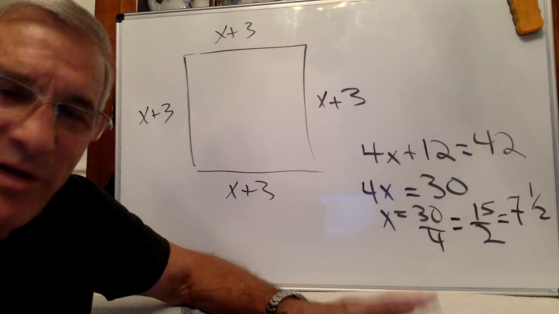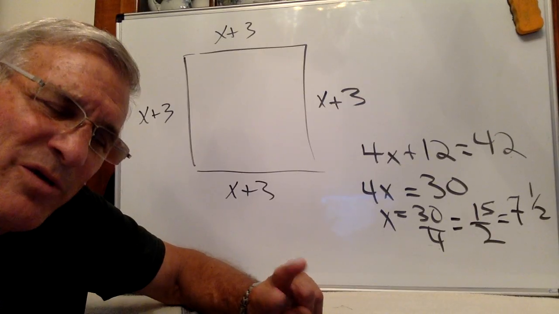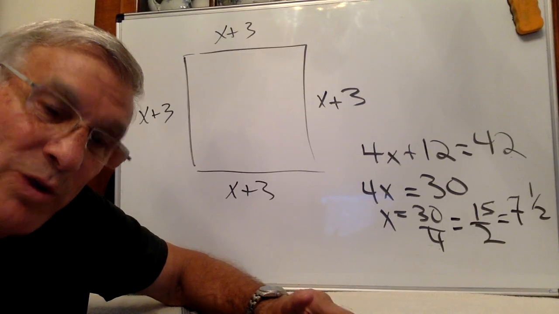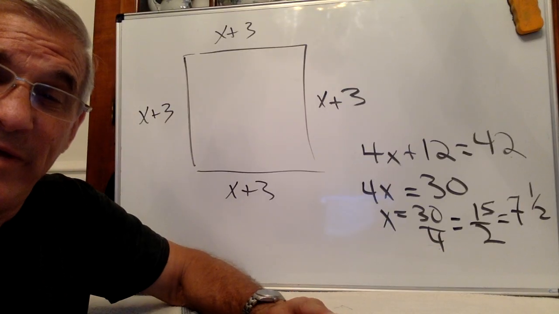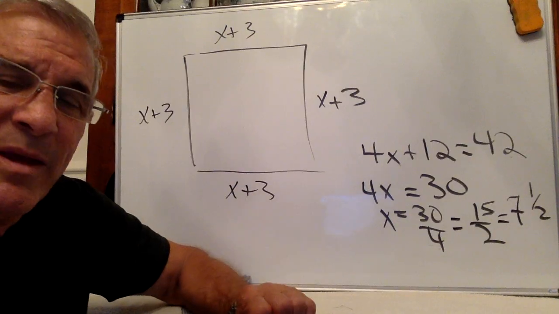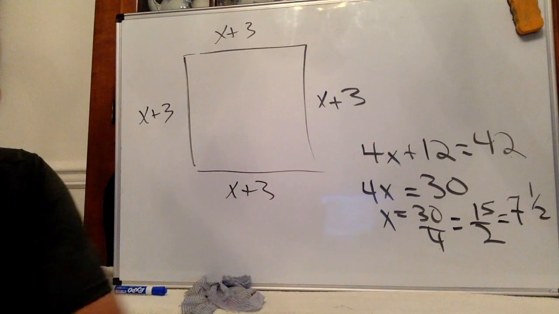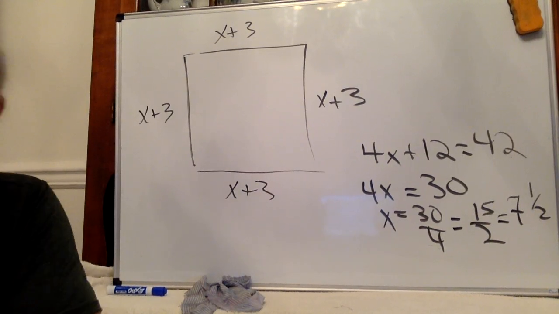If there's no exponent there, it's an understood 1. And then I showed you two other types of equations that we're going to work with: quadratic equations, an equation where you have an x squared or a y squared or a variable squared, and simultaneous equations. Well, number 15, you get your first quadratic equation.